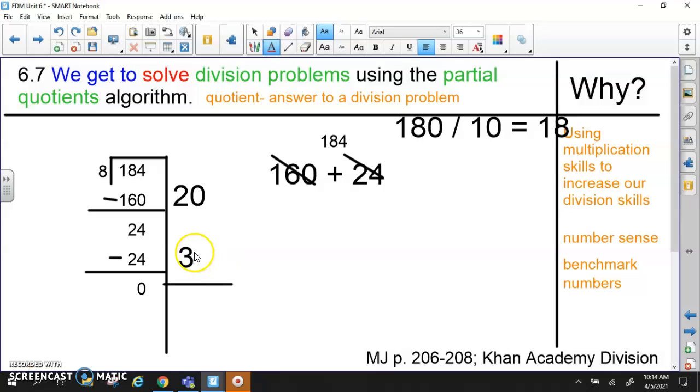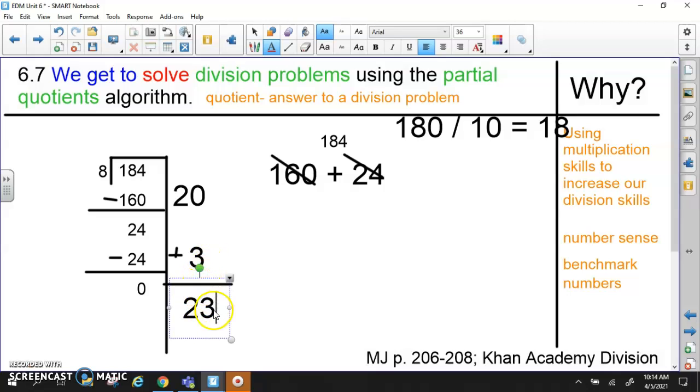In fact, I want to move this over just a little bit so I can fit that in and make sure my place values are lined up. So I want to add those two quotients together. And what is 184 divided by 8? What did it turn out to be here? Yes, it is 23. Okay.